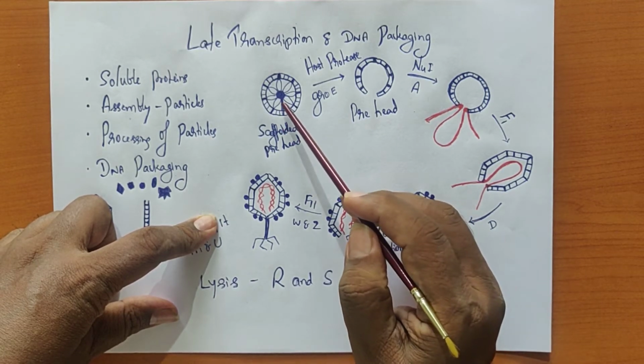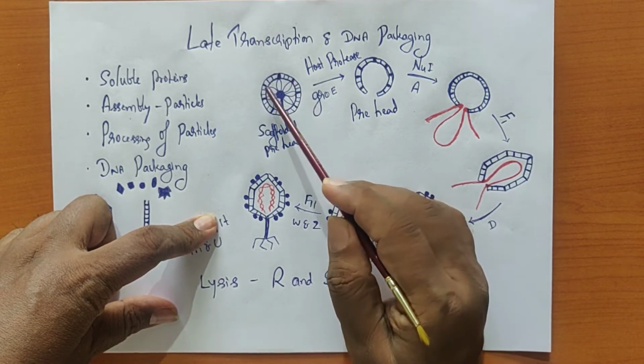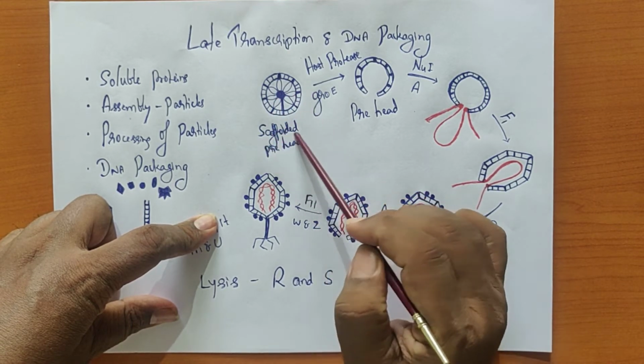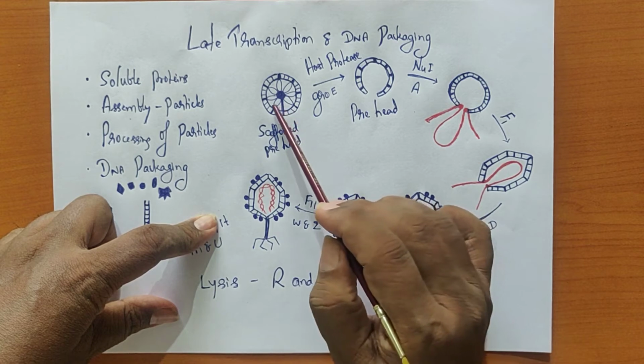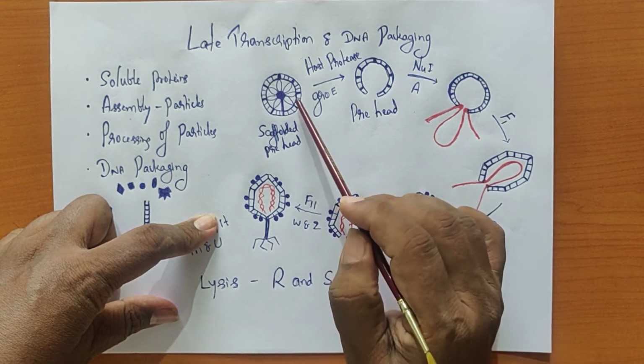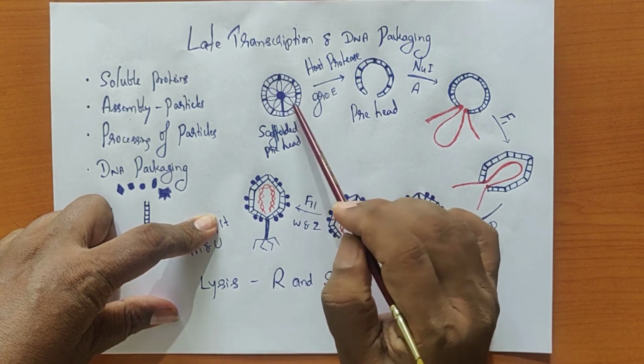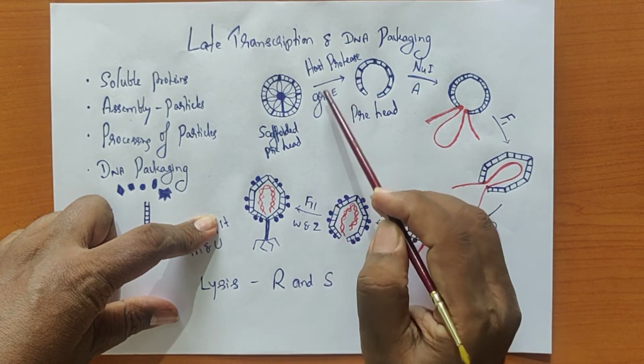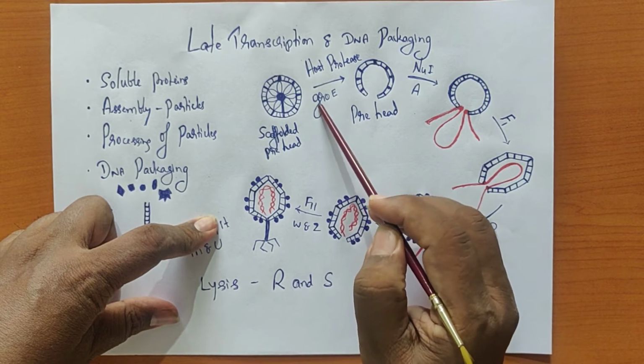So some of the additional proteins have to be removed. The scaffold has to be removed. The removal of these additional proteins, which they call the processing of this prehead, is done by a host protease derived from the gene GROE.